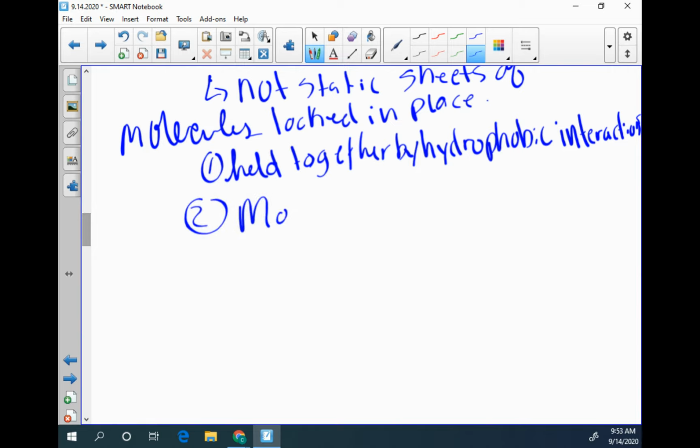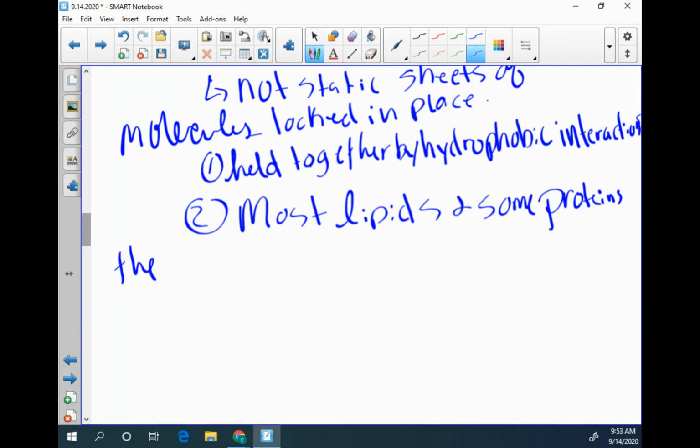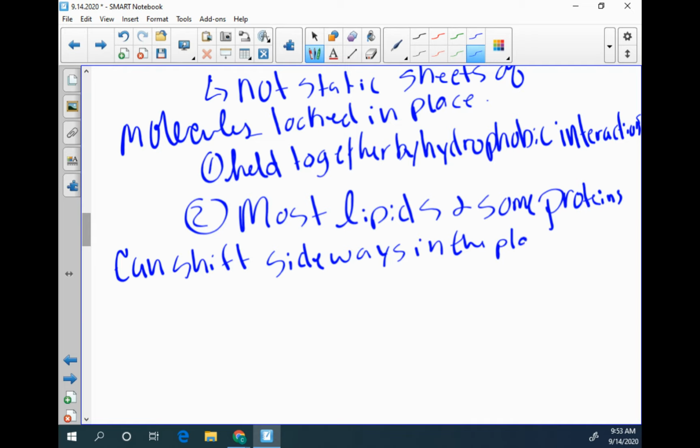So most lipids and some proteins can shift sideways in the plane of the membrane. Like throwing elbows.